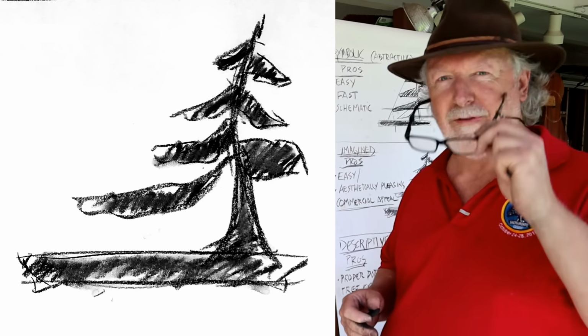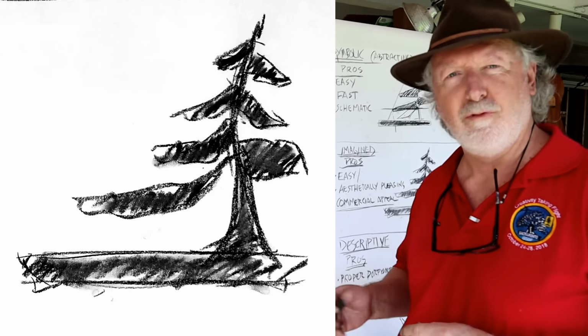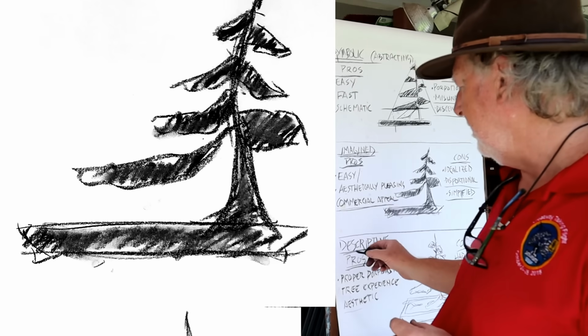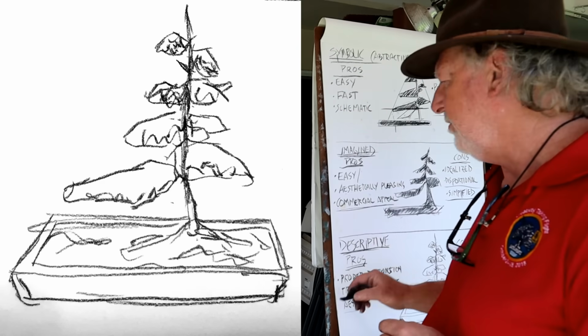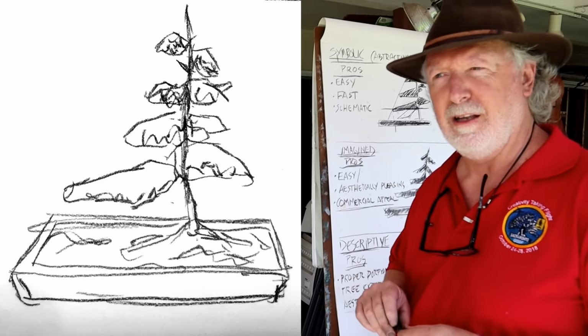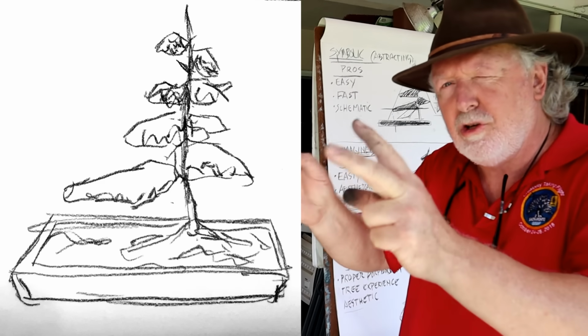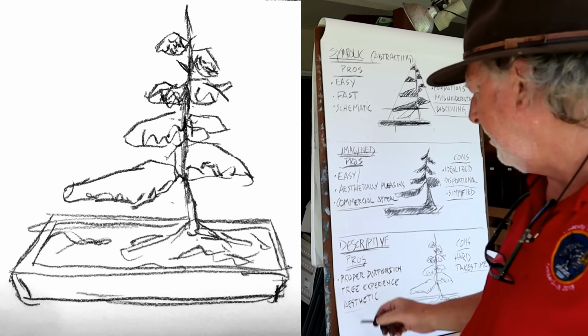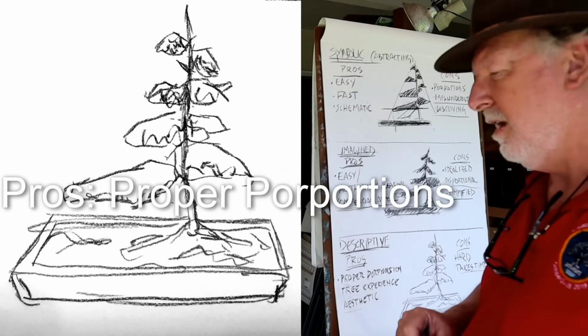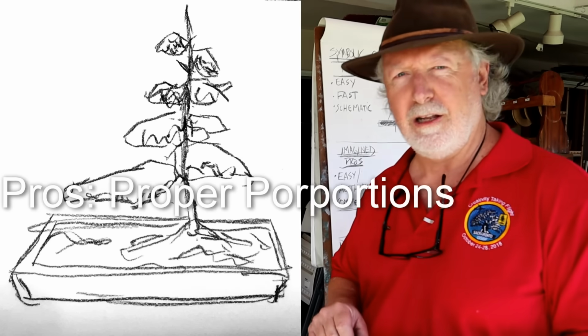So the third and final way of drawing a bonsai tree is through the descriptive way, and in this case it's an undisturbed drawing. In other words, what you see is what you're drawing, and there are a lot of pros to that, but I'm going to highlight these pros. The pros is that you're getting proper proportionality of your tree.